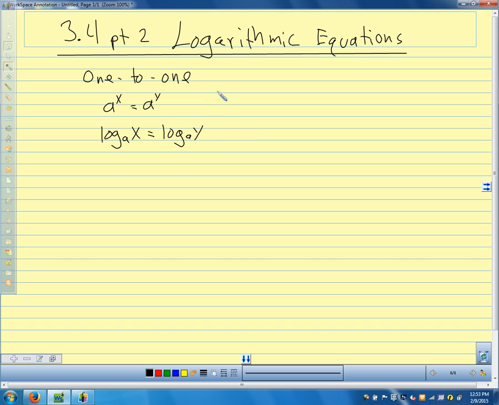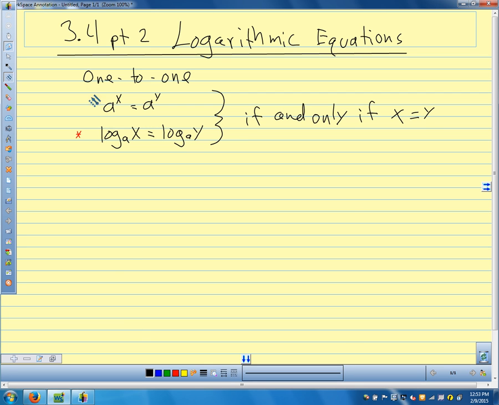Both of these are true if and only if x equals y. Those are one-to-one properties. The one that we'll use mainly for the logarithmic equations is the one that involves logarithms. So that's going to be one of the ones that we use today.